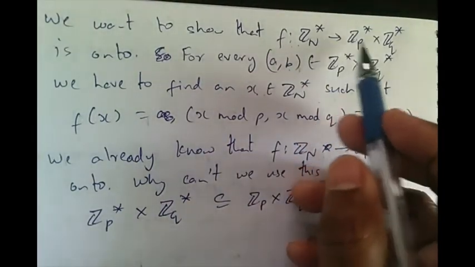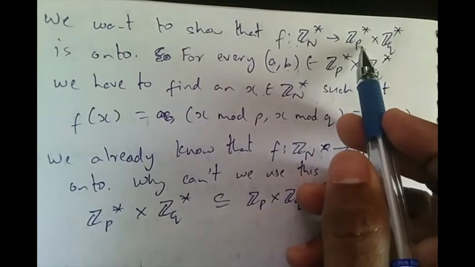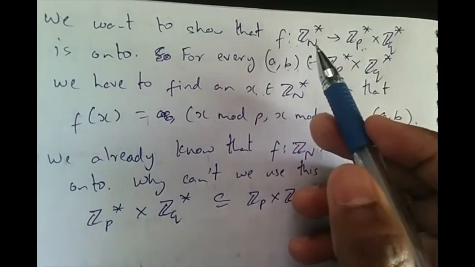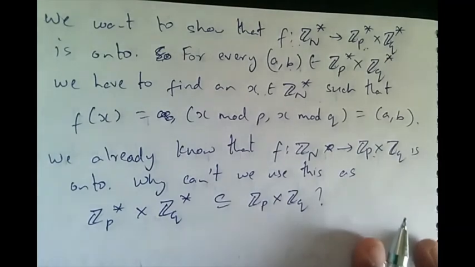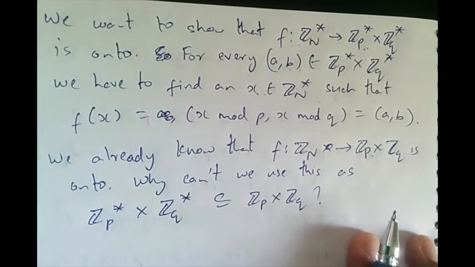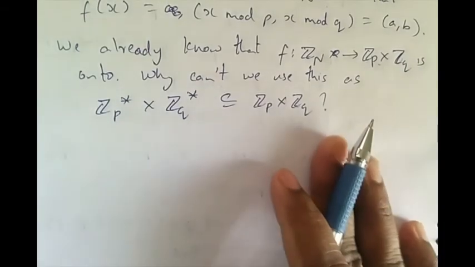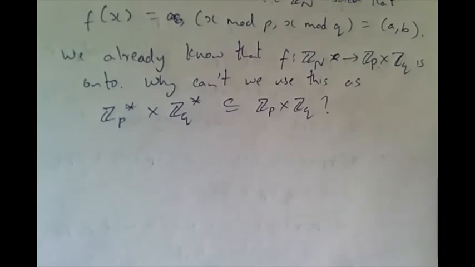So we have to actually show that the pre-image of any ordered pair in Zp star cross Zq star, we already know it falls in Zn, but does it actually belong to Zn star? That is the part we have to actually do. So let's do that.